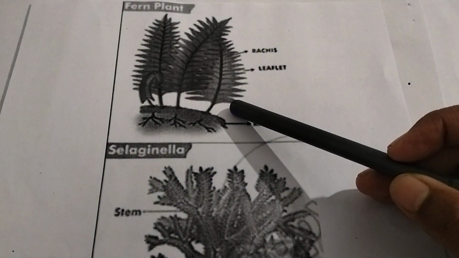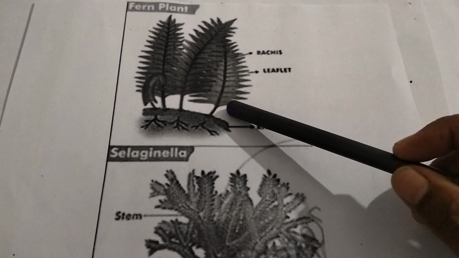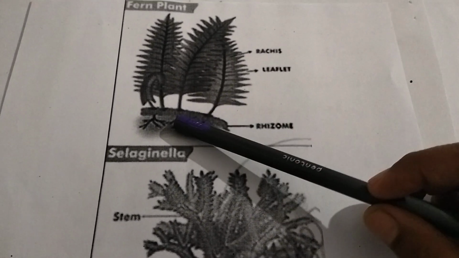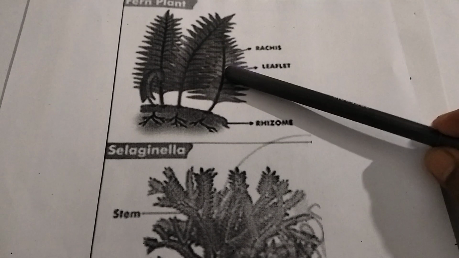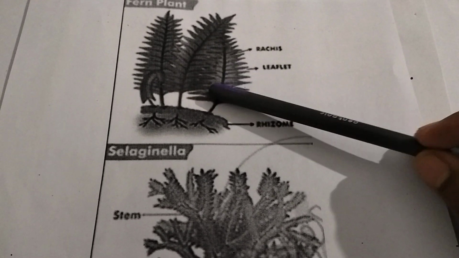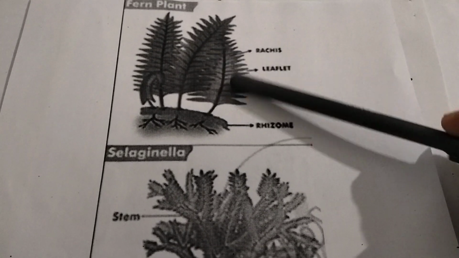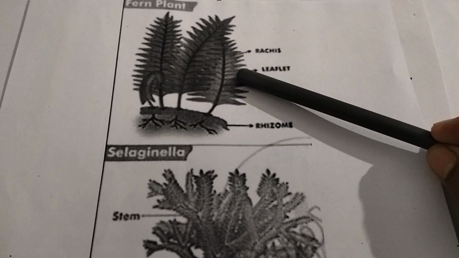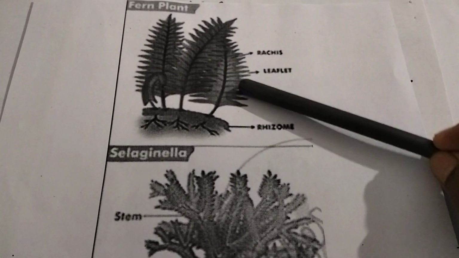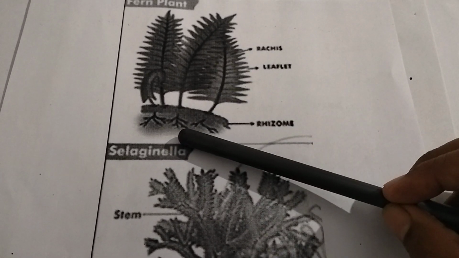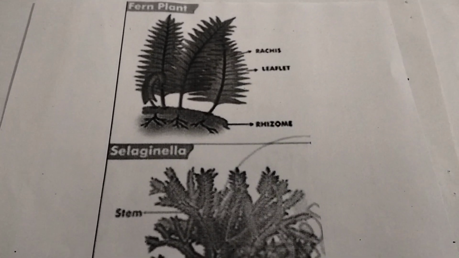As I told you earlier, they are grown for ornamental purposes. You might have seen this kind of plant in most houses in gardening. It is an ornamental plant. It is fern and it is a pteridophyte. It has leaves. It has roots and it has a stem also.